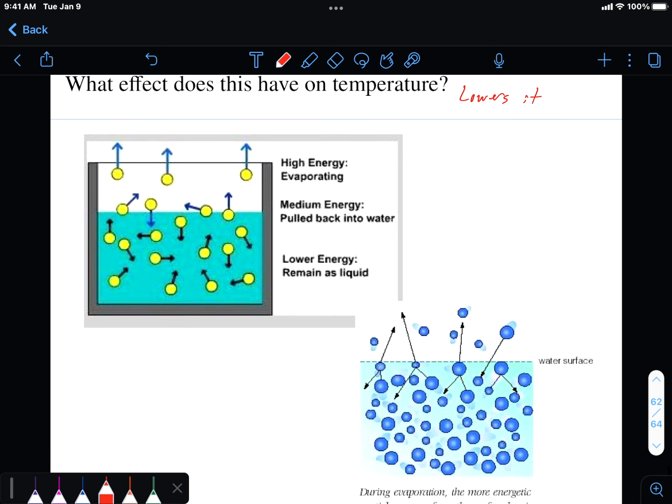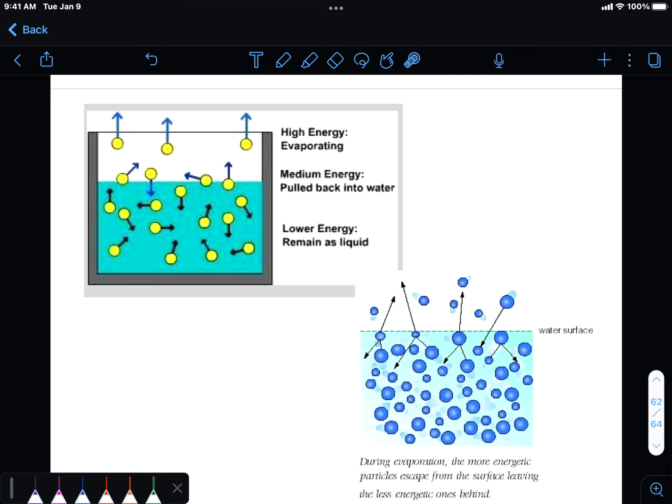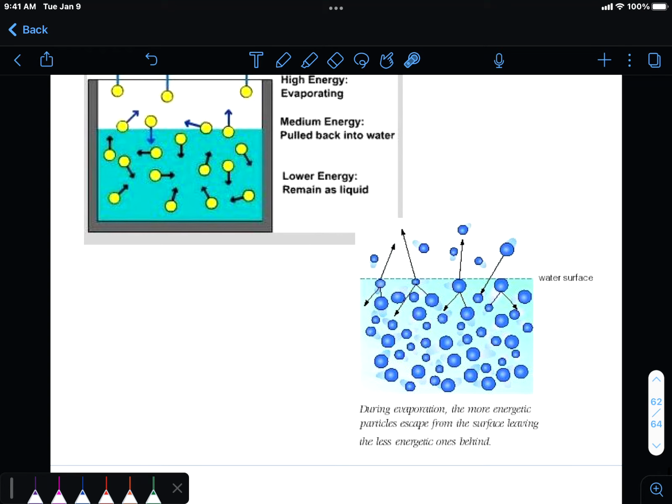If we look at a picture of all the water molecules present in a sample, the high energy molecules are the ones leaving. Medium energy, they might make it to the top, but they get pulled back down. Lower energy, they don't really move too much. So I hope that picture makes sense. In order to evaporate, they need a lot of energy because they have to break away from each other, from their neighbors.